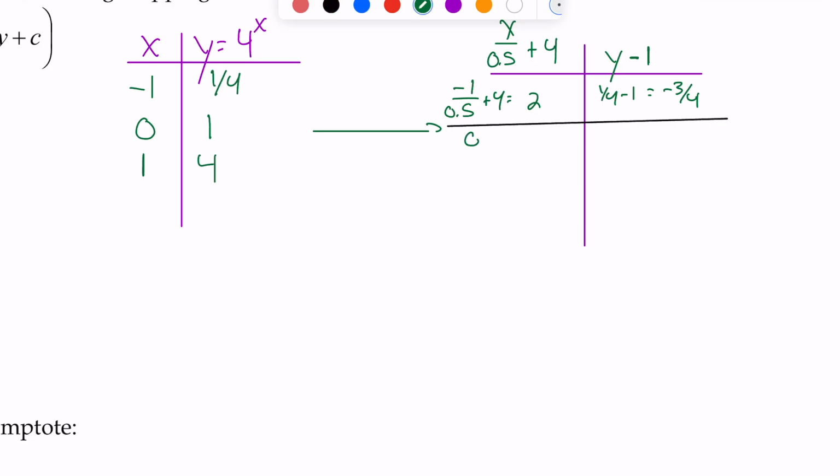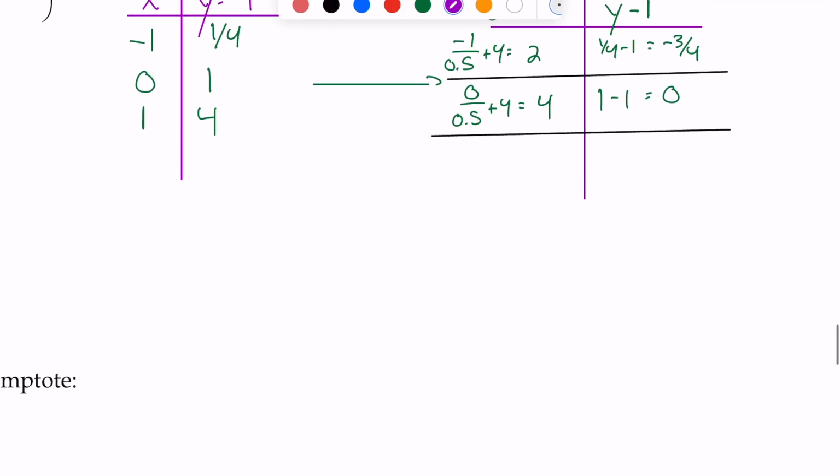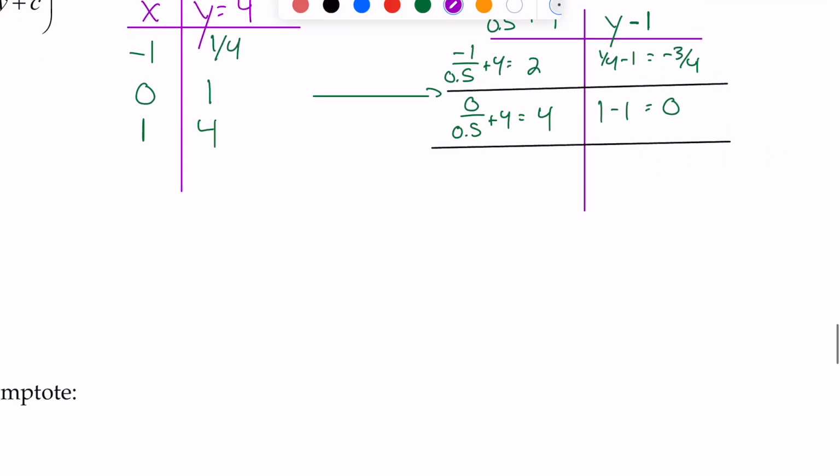And then 0 divided by 0.5, plus 4, is just 4. And then 1 take away 1 is 0. So there's your next ordered pair. And then plugging in 1, dividing by 0.5, adding 4, that's going to be 6.